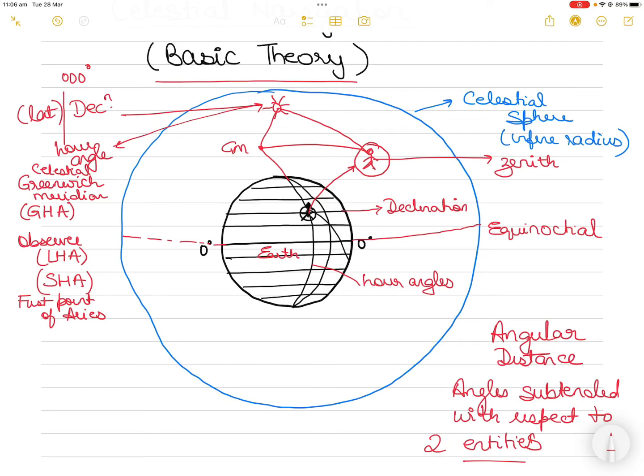When I find the position of the observer on the celestial sphere, I just project the position back to the surface of the earth and denote it in terms of latitude and longitude. So I can use the celestial body to find the position of the observer with respect to the celestial coordinate system, and then project the position of the observer back to the surface of the earth and denote the position in terms of latitude and longitude.